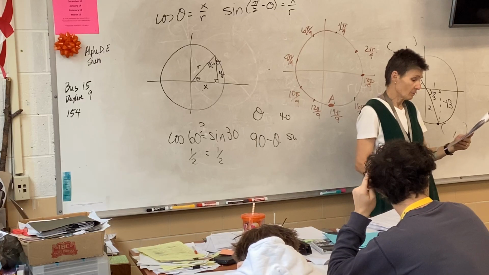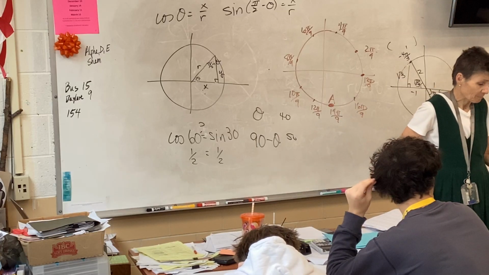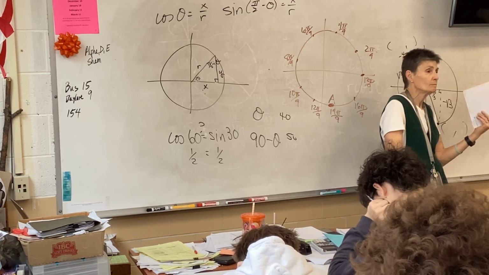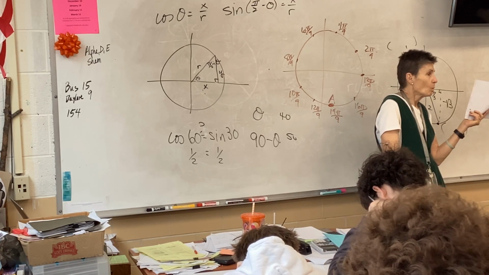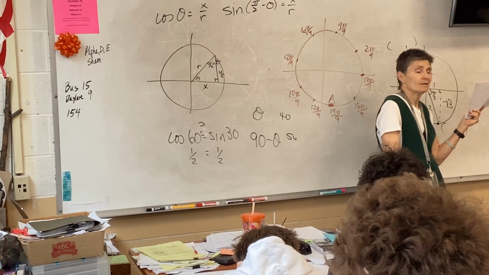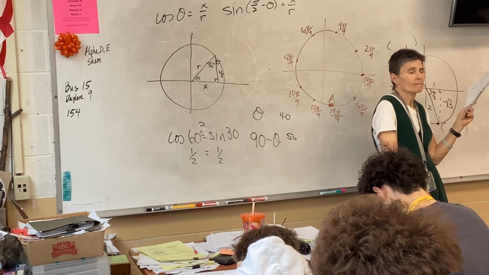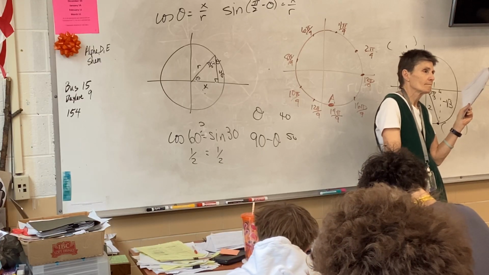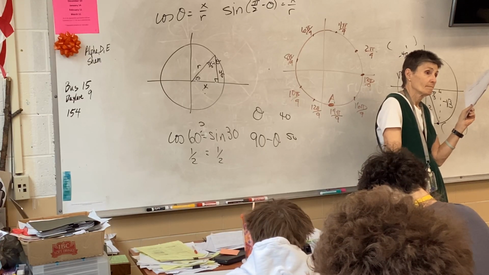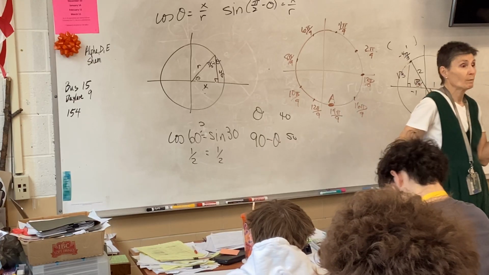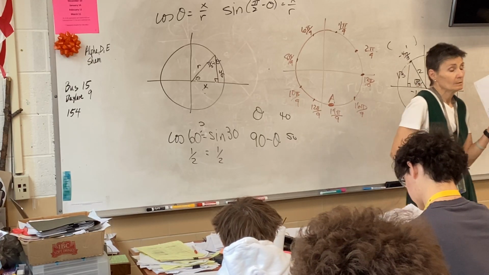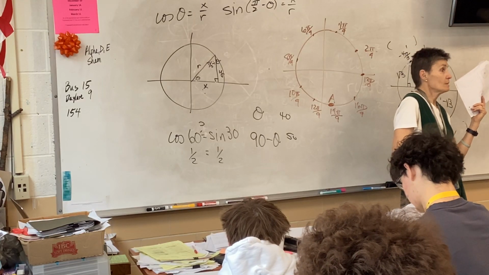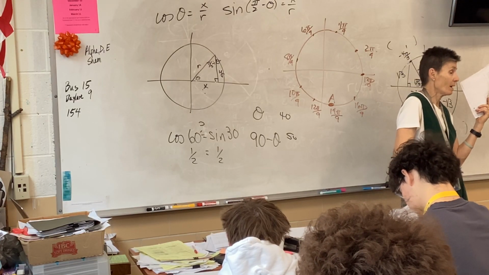All right, for which angles between 0 and 2 pi is the cosine -√3/2? Let's just start there. Where is x -√3/2? It's going to be quadrants 2 and 3, but what angles? 5 pi over 6 and 7 pi over 6.